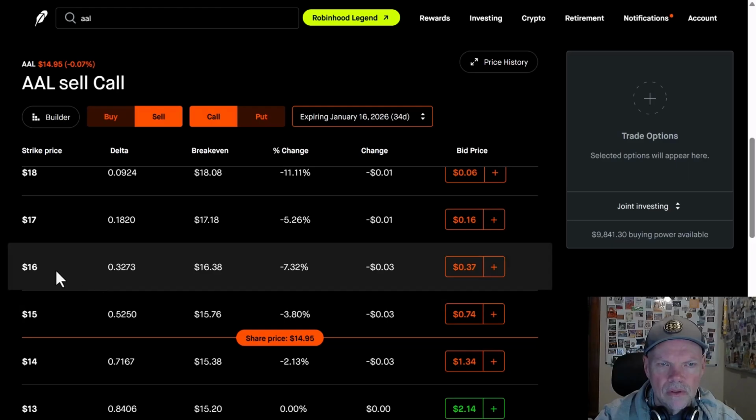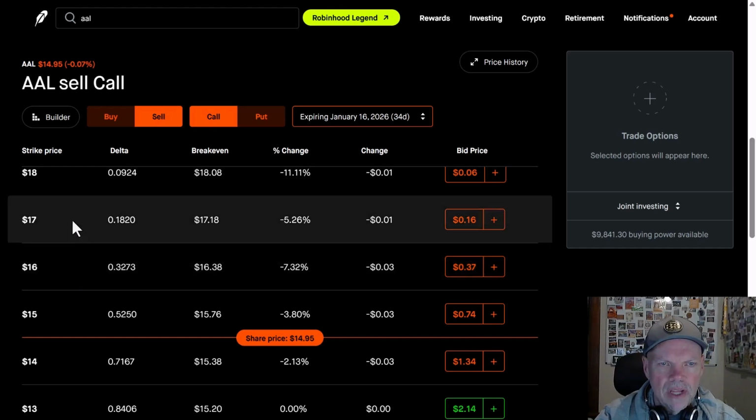So let's look at 16 here. So 16, delta is 32, meaning there's a 32% chance it's going to happen. Let's approach this with the assumption that you like these shares and you think it's going to appreciate a little bit, and you kind of prefer to hang on to them rather than sell them.